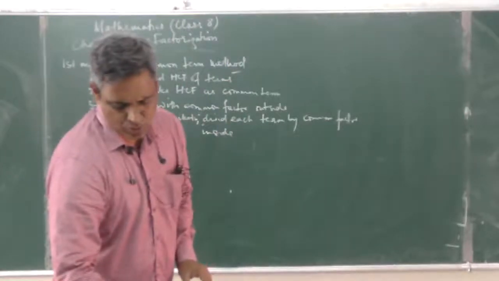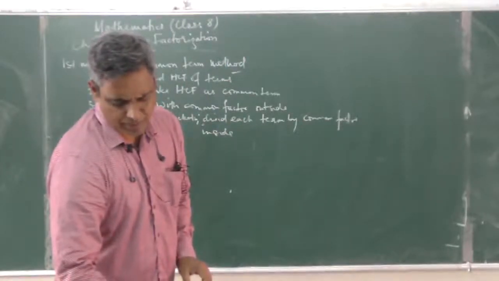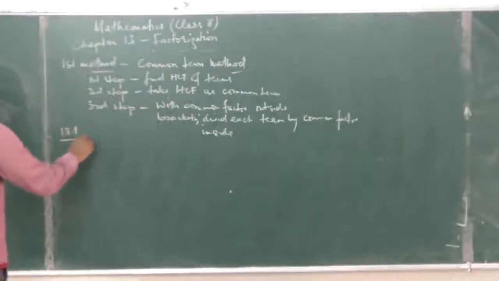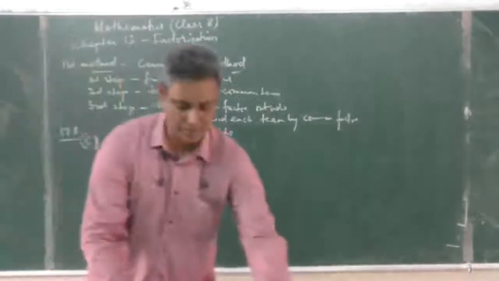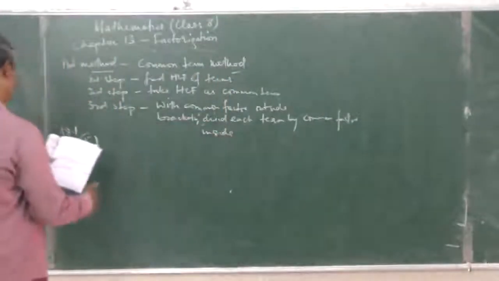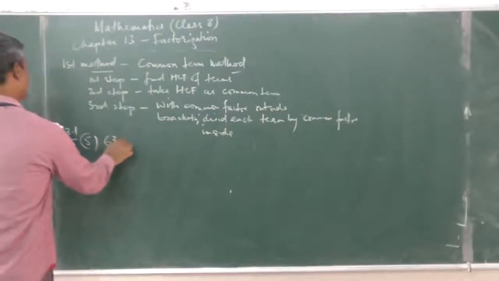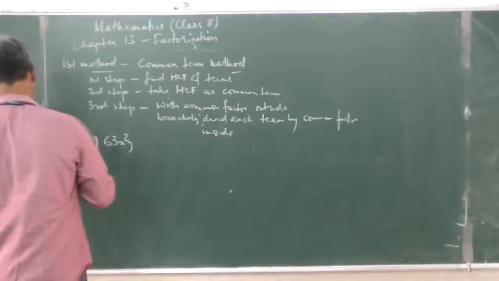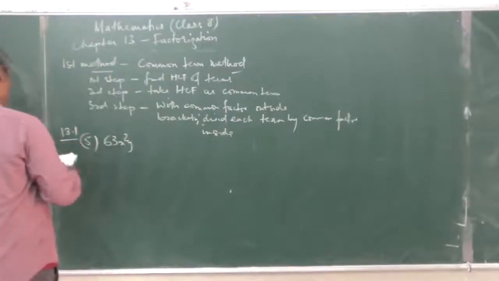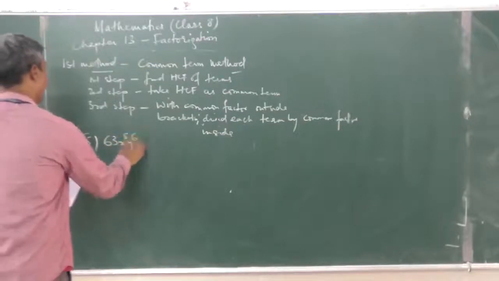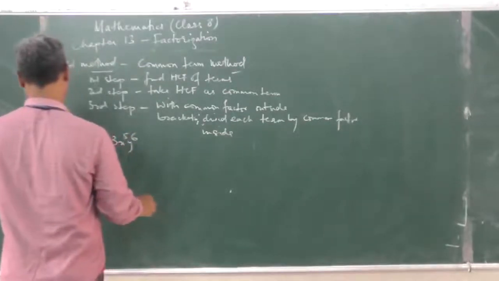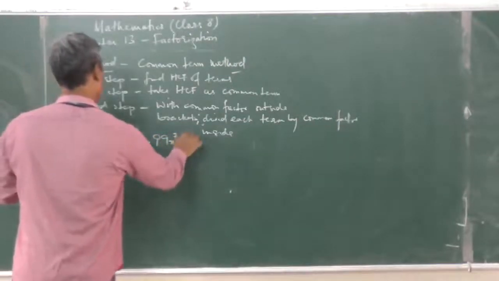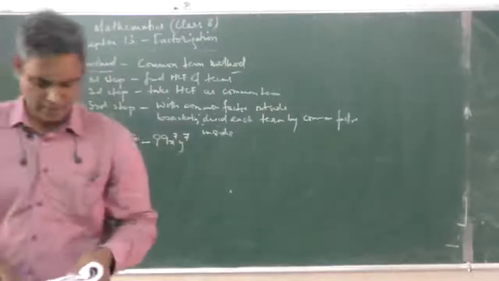Now let us do exercise 13.1, question 5. Question 5 says 63x to the power of 5 y to the power of 6 minus 99x to the power of 7 y to the power of 7.